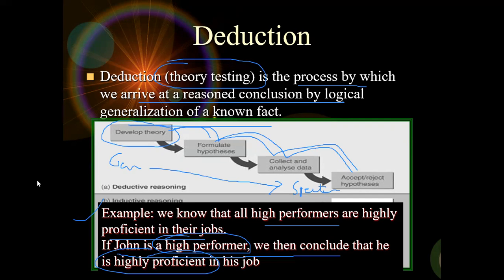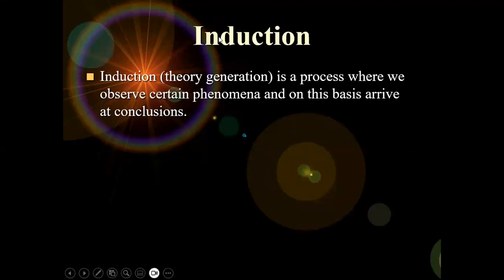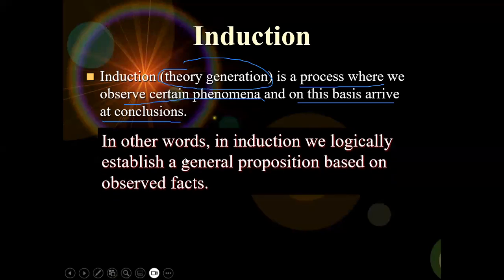Now the next one is induction. In induction, we basically adopt a process where we observe a certain phenomenon and on this basis arrive at a conclusion. So we give a generalized conclusion based upon a certain phenomenon. And this is basically a process of theory generation. How do we do it? In other words, in induction, we logically establish a generalized proposition, a generalized statement, based upon an observed fact.